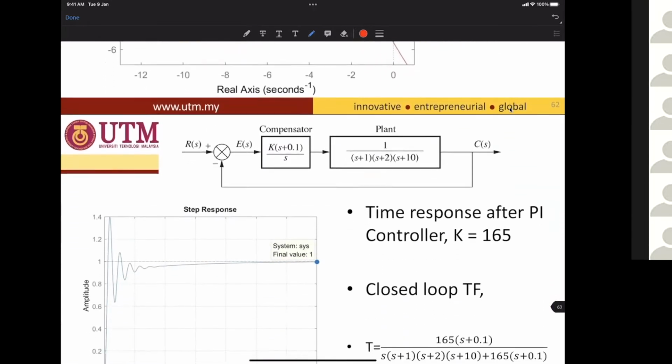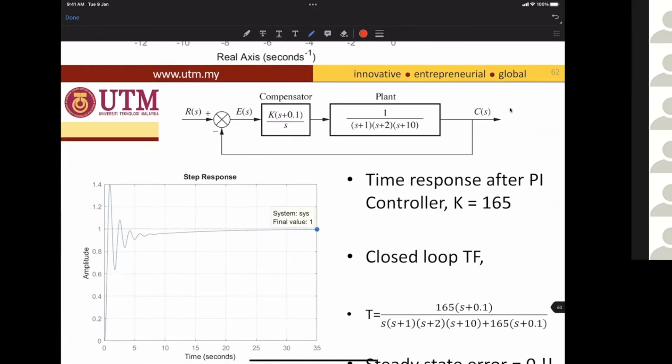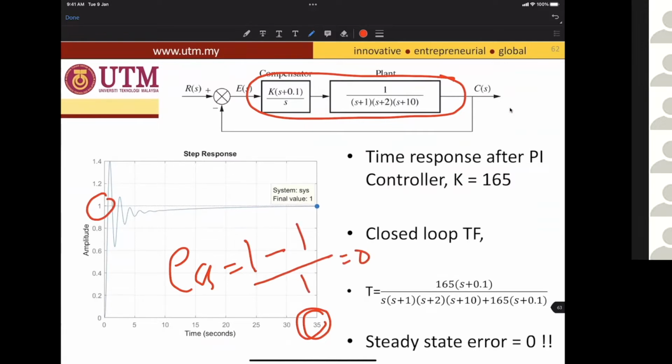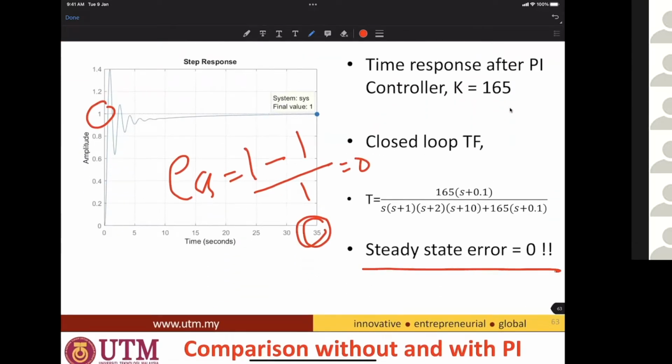Okay, and after we simulate the PI and the plant together, we obtain the response as shown here. After 35 seconds, the final value is 1. Okay, so the steady state error is input 1 volt minus final value 1 divided by 1, so it's 0. Okay, so it fulfills our target. Steady state error is 0, but after 35 seconds, setengah minit lah.